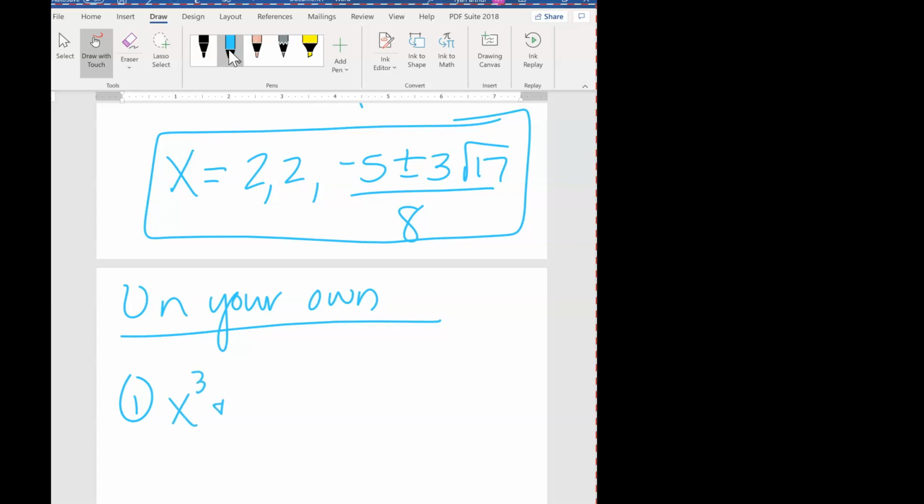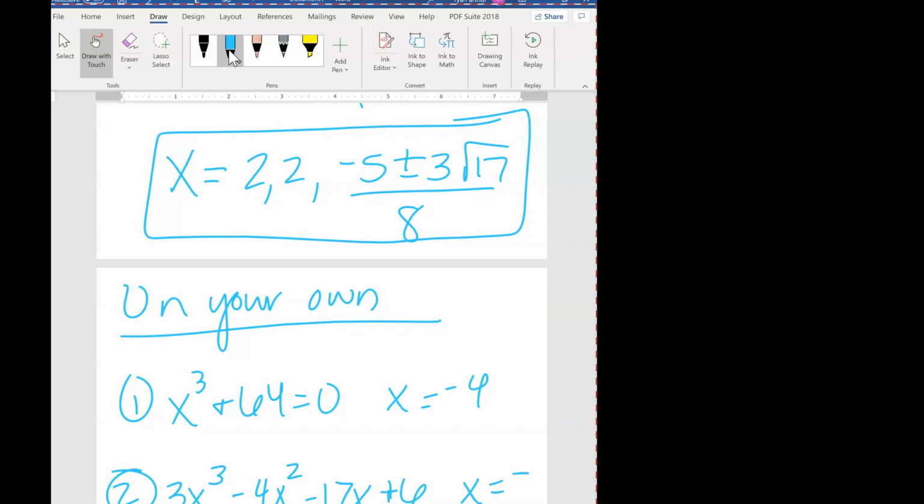X cubed plus 64 equals 0, and I'm going to tell you x equals negative 4 is a factor. Number 2 is going to be 3x cubed minus 4x squared minus 17x plus 6, and I'm going to tell you x equals positive 3.